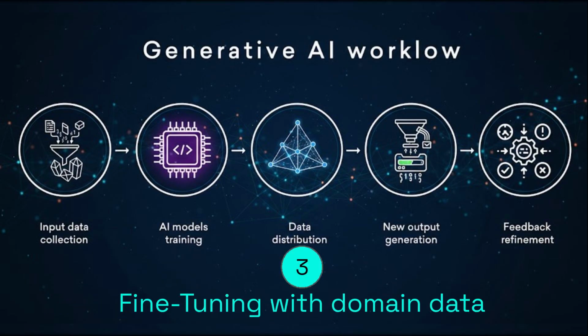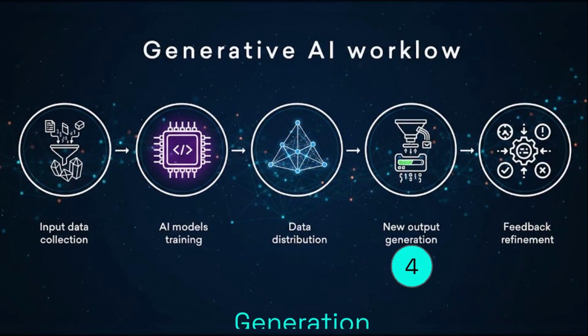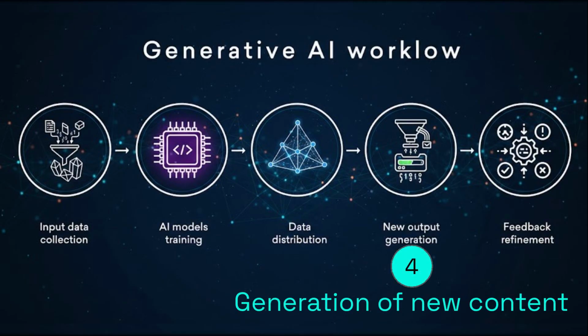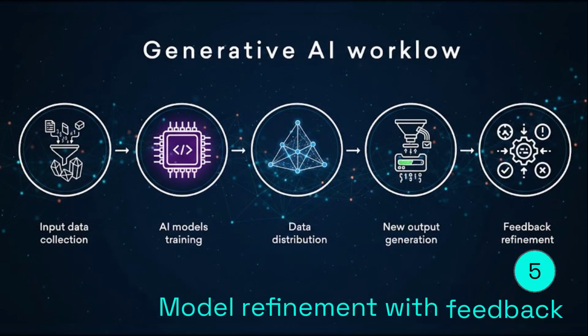Step 3. Fine-tuning, adjusting the model with domain-specific data for accuracy. Step 4. Generation, producing new content when given a prompt or input. And finally, Step 5. Model refinement. Human feedback or additional AI algorithms help refine the generated outputs.